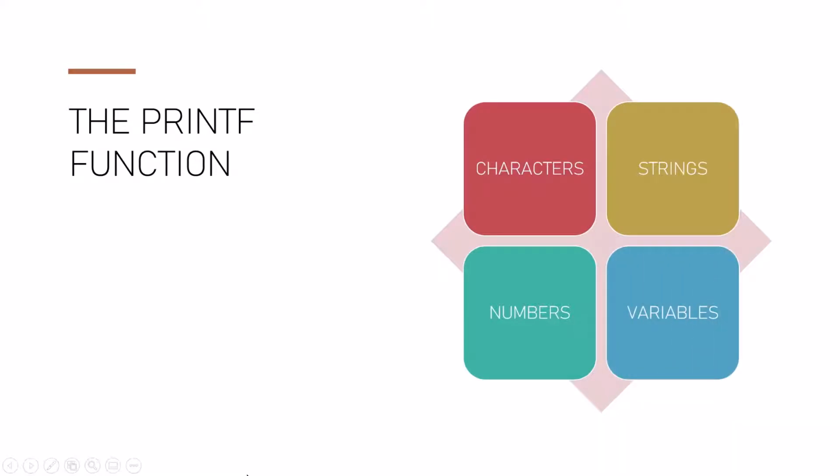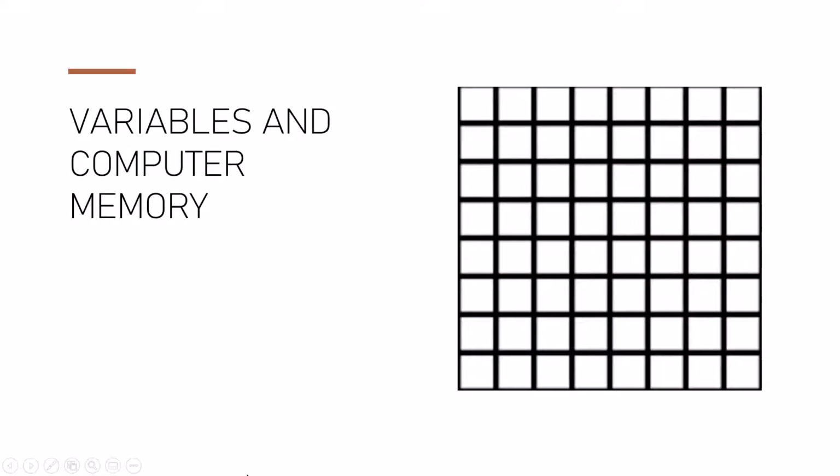Variables. Now, when we're talking about variables, we need to have a basic idea of how computer memory works. Right? So we're not going to go into the details, but just to give you a basic idea. So consider computer memory to be like a grid, just like this, with each of the boxes on the grid representing a memory address.